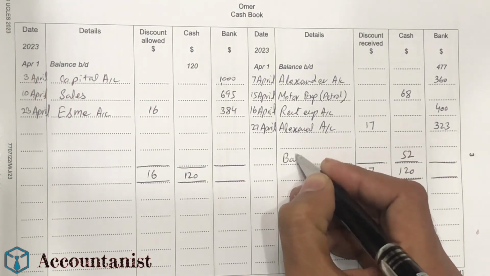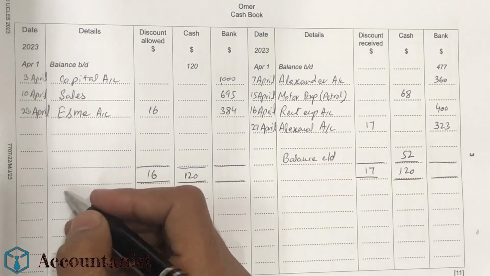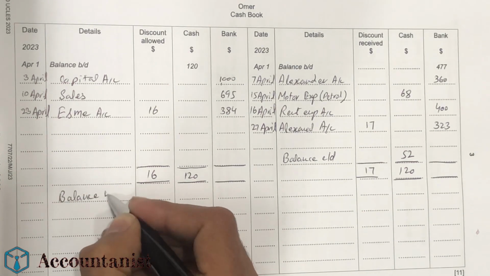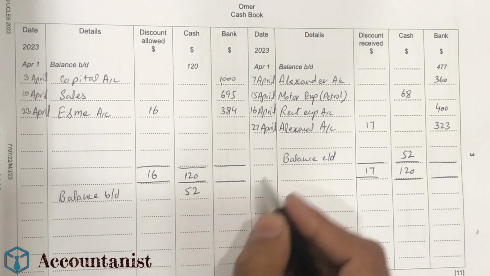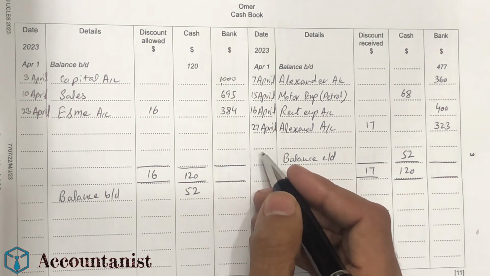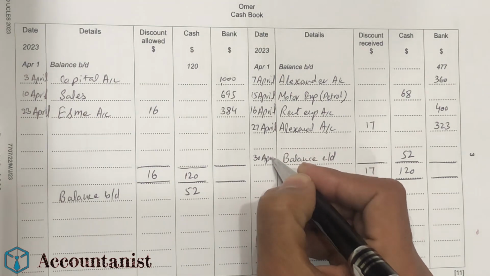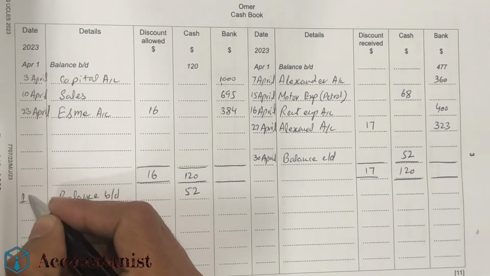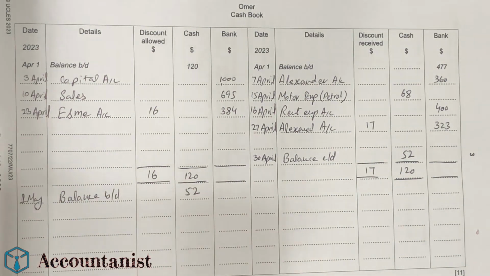That will be my balance carried down, and this will become my balance brought down, the next month's opening balance. April is a 30 days month, so I'll write down 30th of April here, and after April we have May, so I'll write down 1st May with the balance BD.